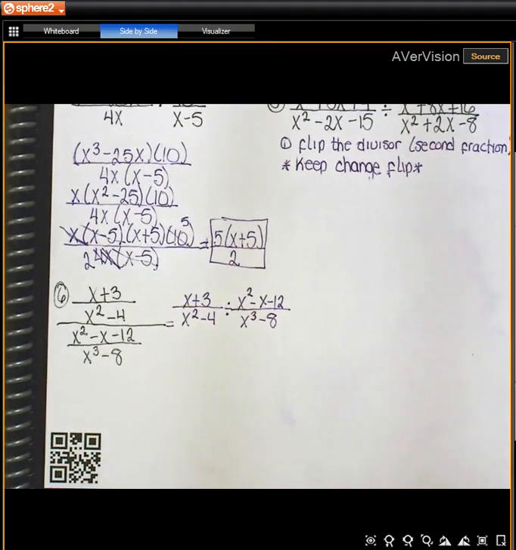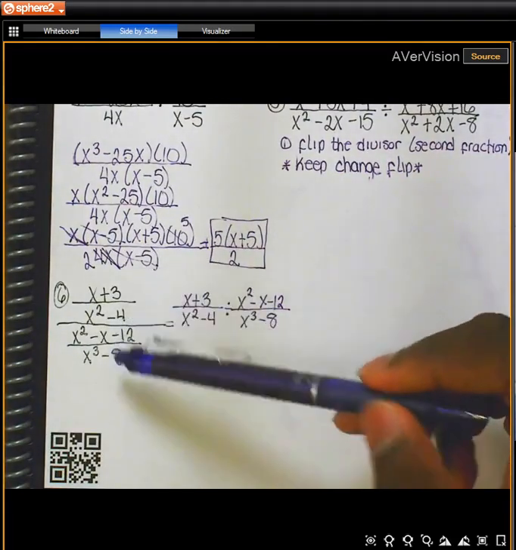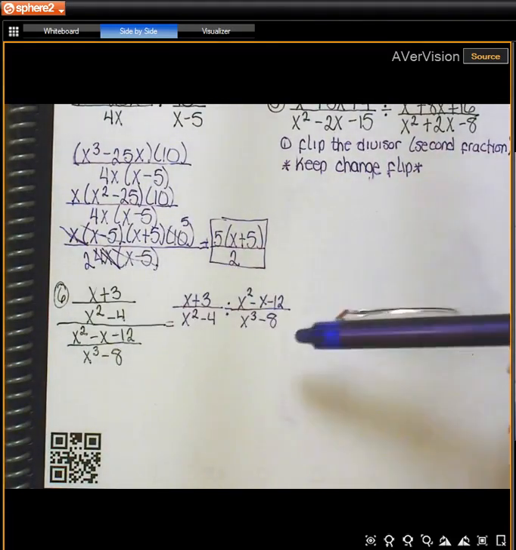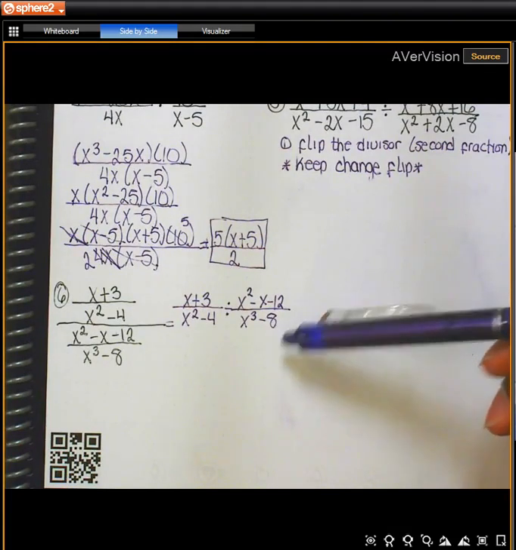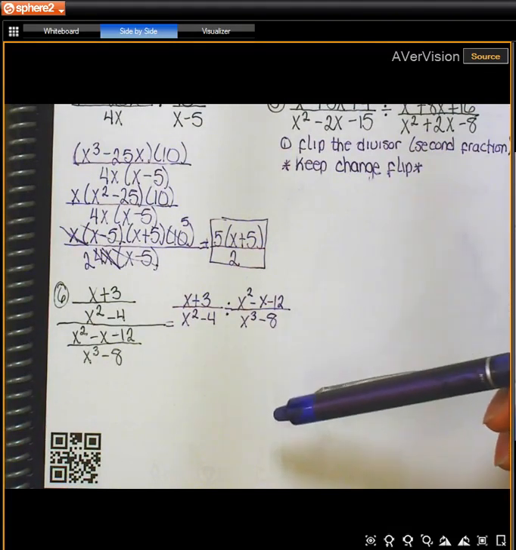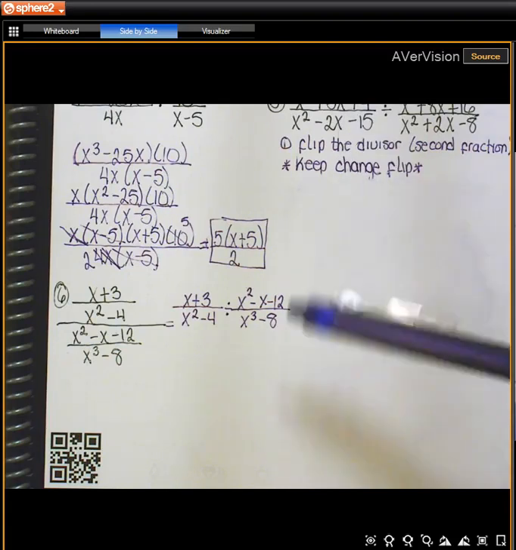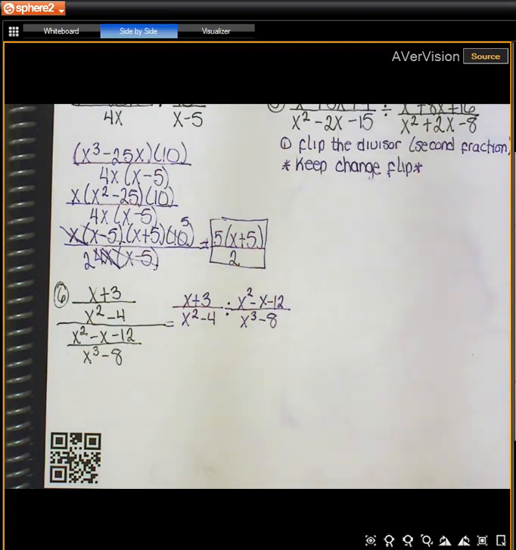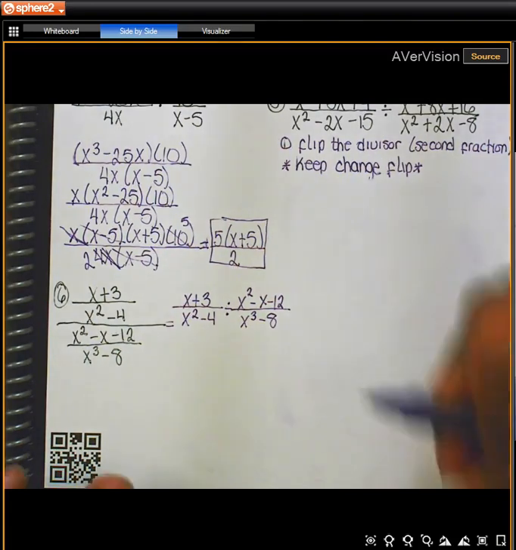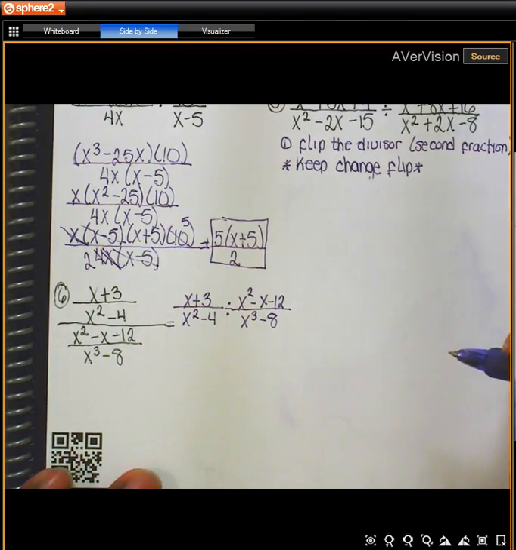So this one big crazy complex fraction can just be turned into something that we already saw how to solve, right? So what do we do first? Yep.